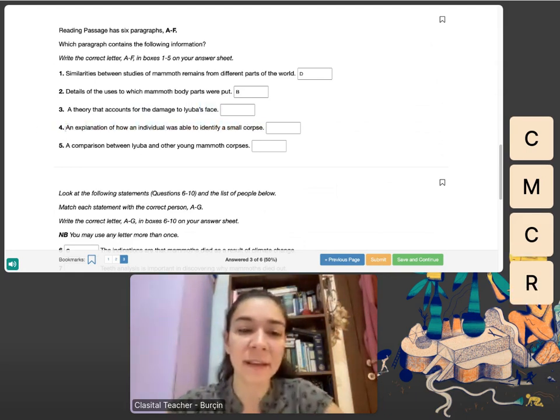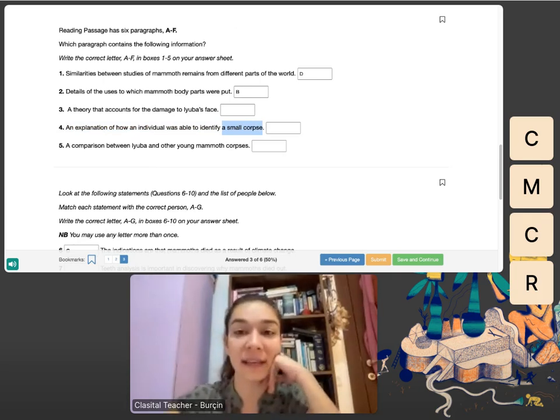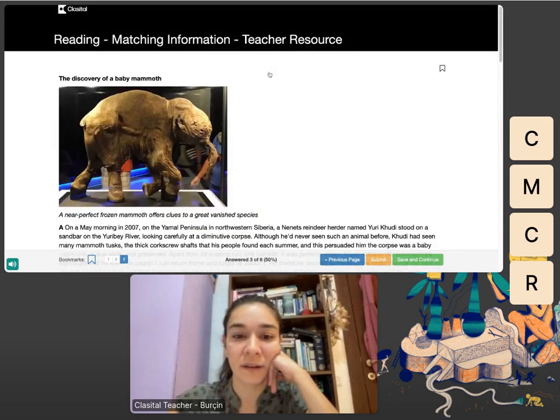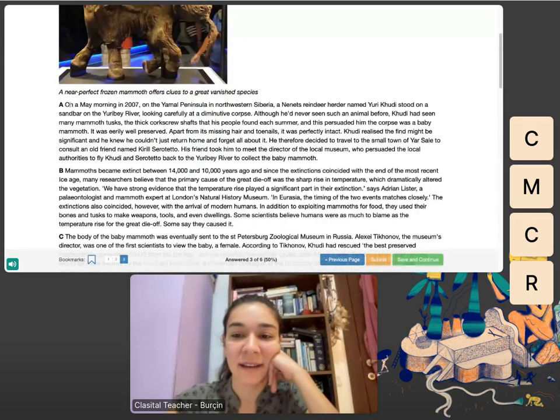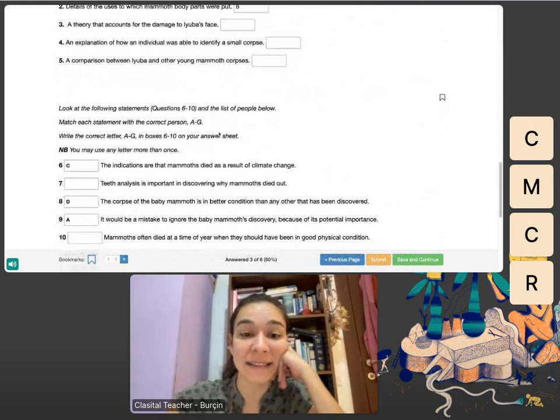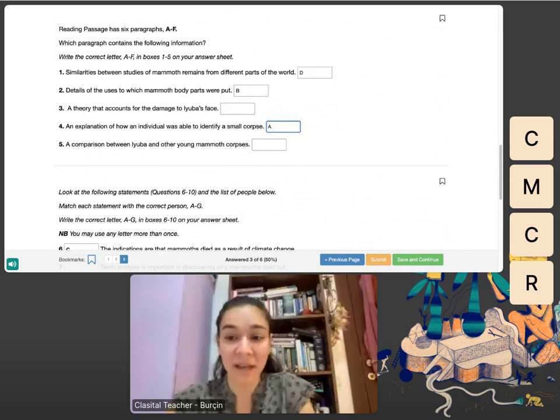And it says here an explanation of how an individual was able to identify a small corpse. I think I have seen this keyword somewhere here. Yes, Yuri Kuzmin was looking at a corpse. And I think nowhere else will I see this information.